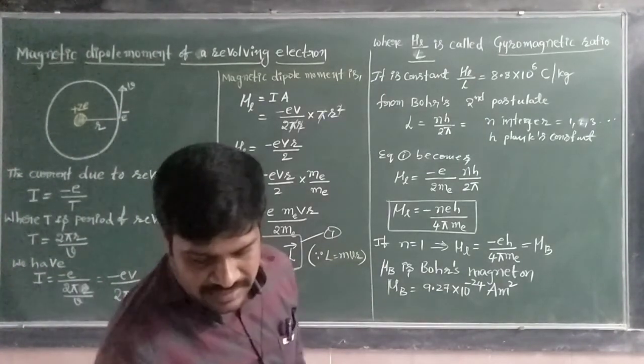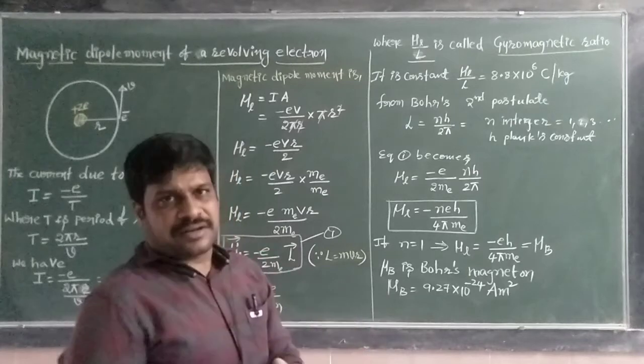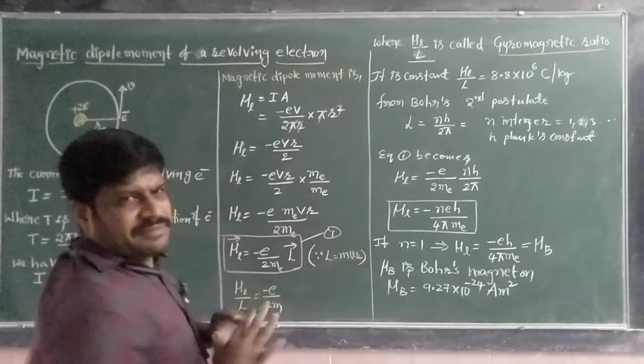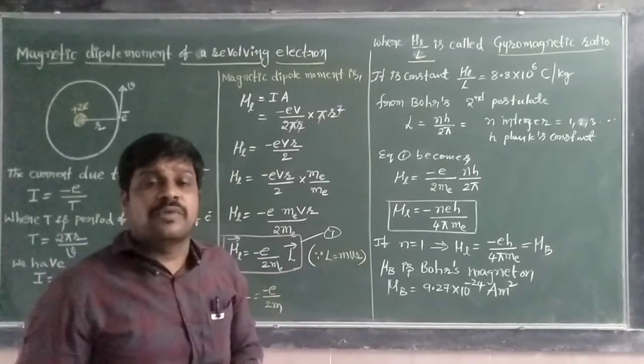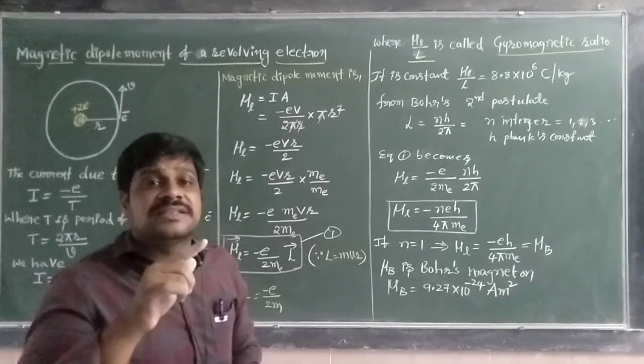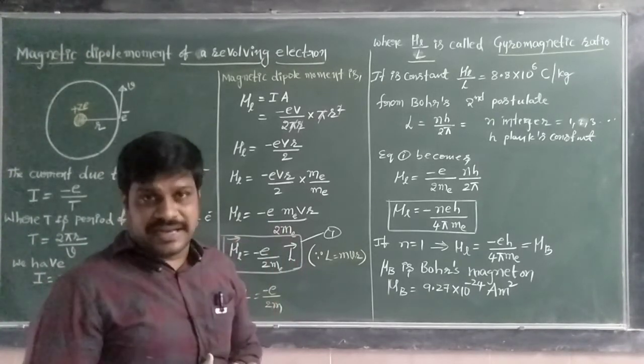A revolving electron has a magnetic dipole moment, of course, because a current carrying loop acts as a magnetic dipole.